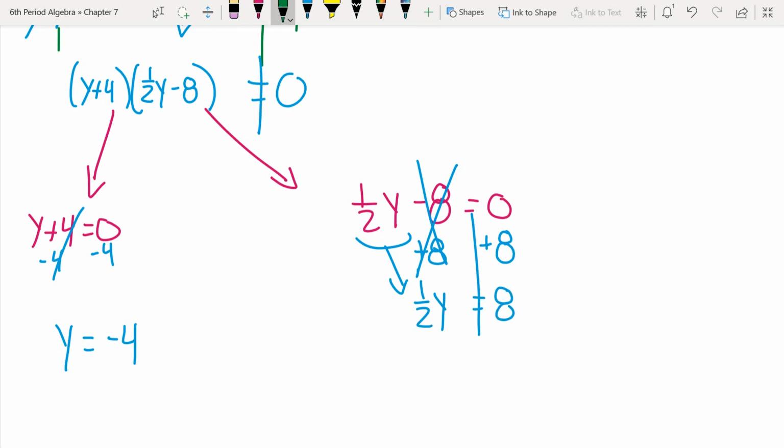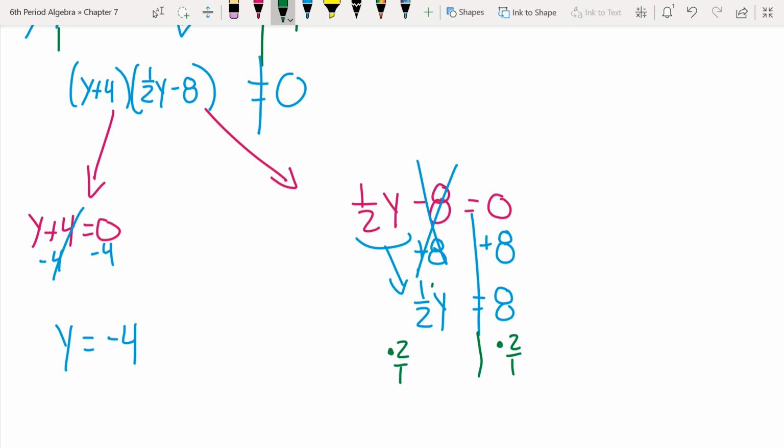Well, right now I have 1/2 times y. So I can undo this with division, but then that would be division of fractions, which implies copy dot flip, which is gross. So let's use the trick that I used above. To undo a fraction, our trick is to multiply by a reciprocal. The reciprocal of 1/2 is 2/1. So you should have done something similar to this and hopefully multiplied by 2/1.